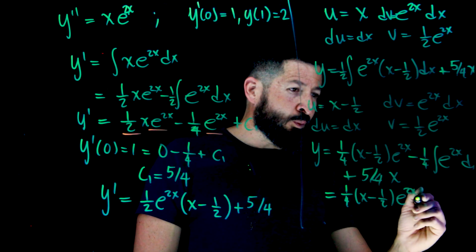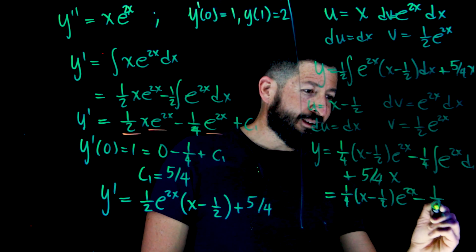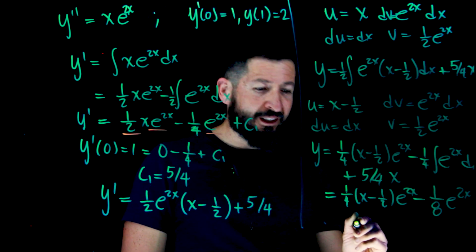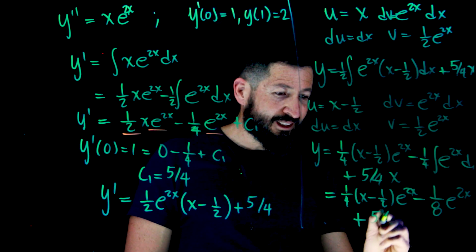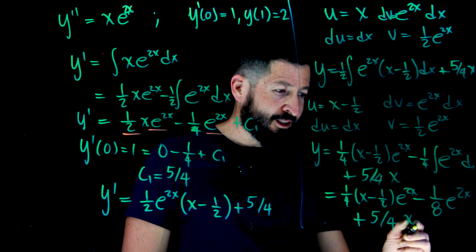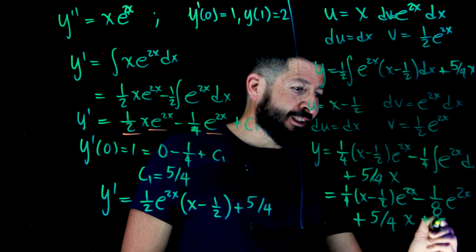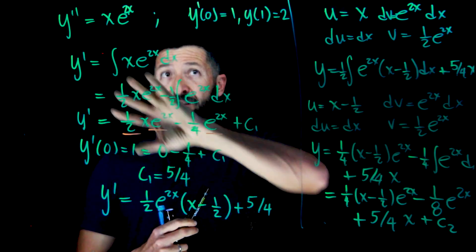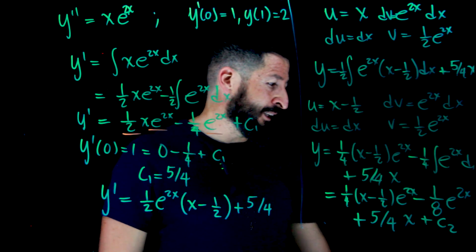This is going to give me another 1/2, so it's going to be minus 1/8 e to the 2x plus 5/4 of x plus c2, and now we're going to solve for c2. So I'm going to erase this part, leave the problem, and then I'm going to get the solution.